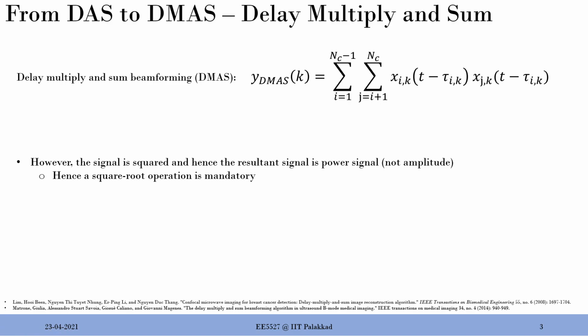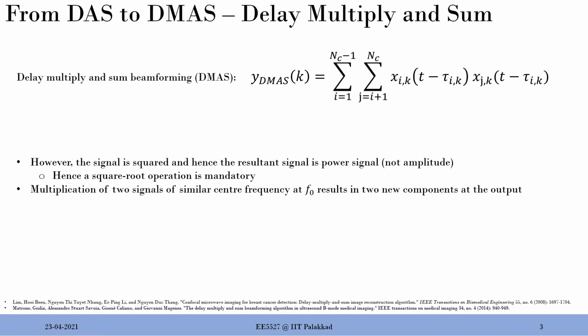And then multiplication. Yeah, I mean, typically we assume that first channel, second channel, third channel, everyone is actually transmitting the same signal at a certain center frequency f0. So if you multiply two such channels with center frequency f0, you just assume it to be, let's say, cos omega 0t into cos omega 0t, then you're going to get cos square omega 0t, which is actually nothing but 1 plus cos 2 omega 0t.